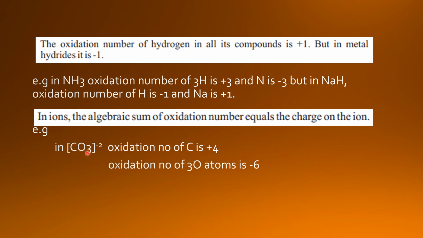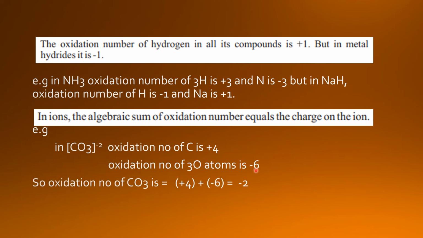And in the same way, there are 3 oxygen atoms. So the oxidation number of 3 oxygen atoms will be -6, because one oxygen atom carries the oxidation state of -2. Carbon is carrying the +4 oxidation state and 3 oxygen atoms are carrying -6.